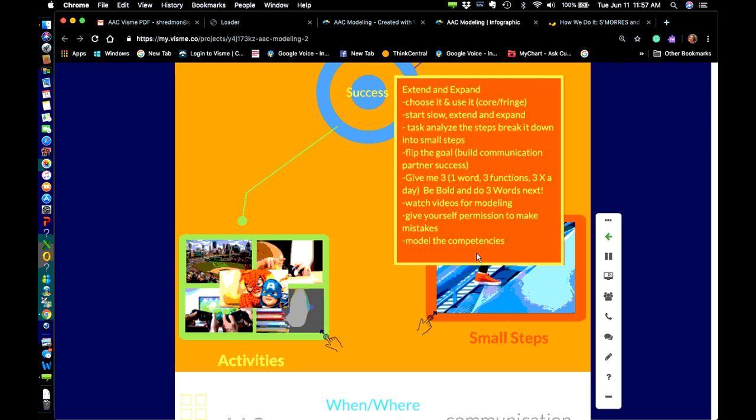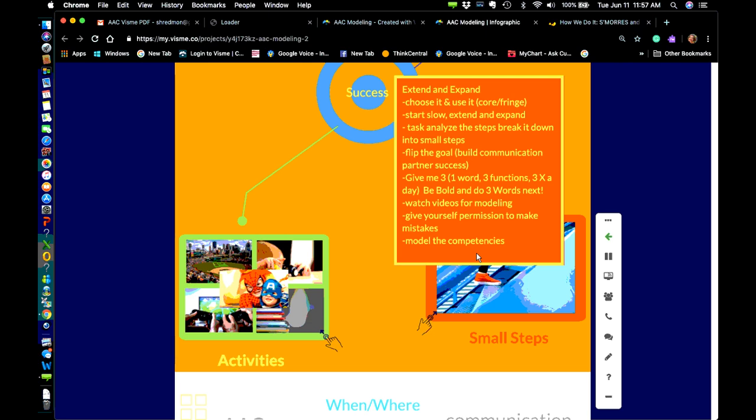So that's where we started, with 1 word, that 1 core, and we put that up everywhere, and 3 different functions. So we made sure it was in 3 different environments within the school day, and then listed the function that it could be, and gave a phrase that it could be put in. And that really started this starting of using it, right? And gave the path as to how to get there so we could find the words.